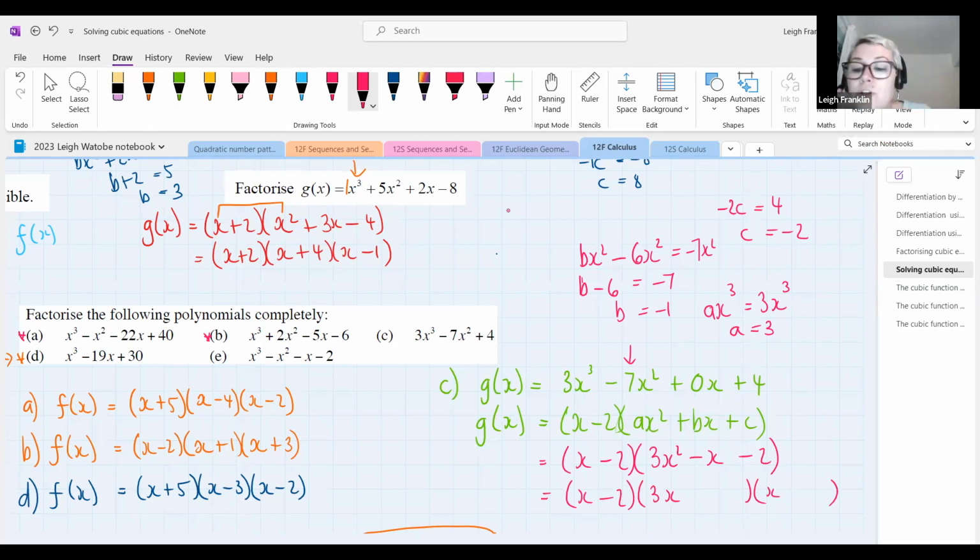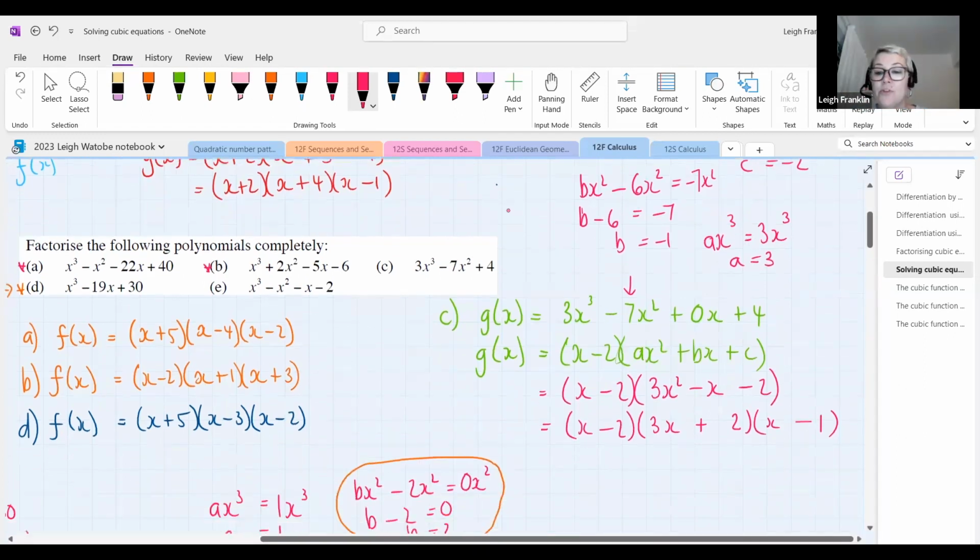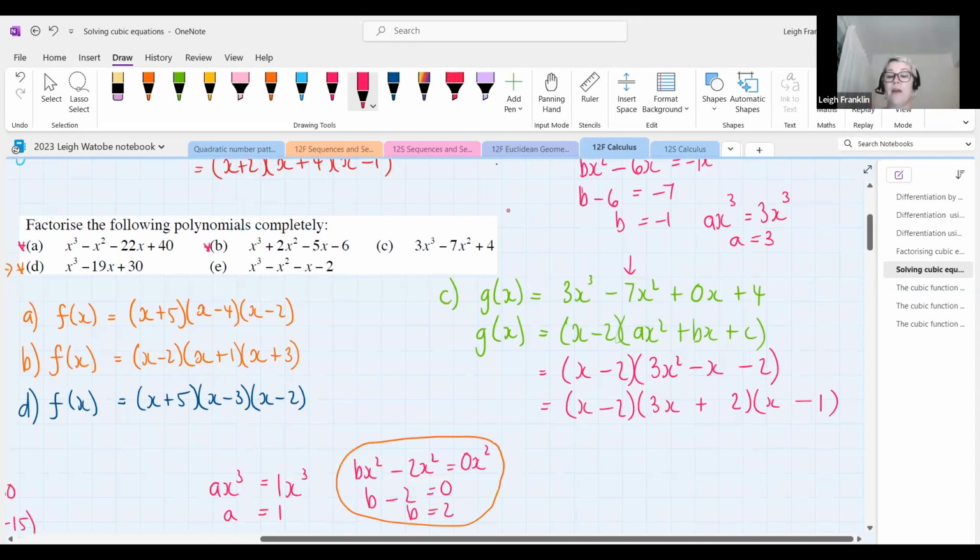I'm going to put the 2 here and the 1 there. I want -1 in the middle. So 3x times -1 is -3x, plus 2x gives me minus x in the middle, and +2 times -1 will give me my -2. So there are your 3 factors: x minus 2, 3x plus 2, and x minus 1.